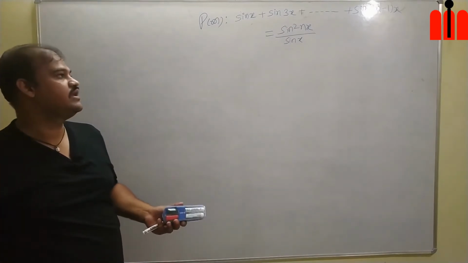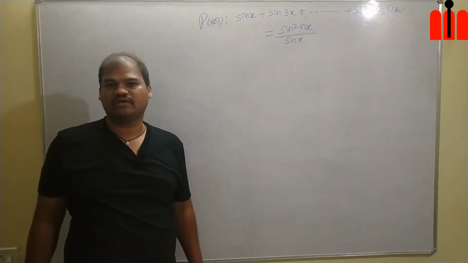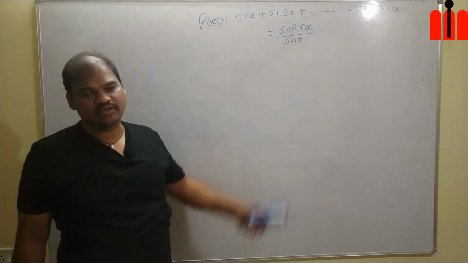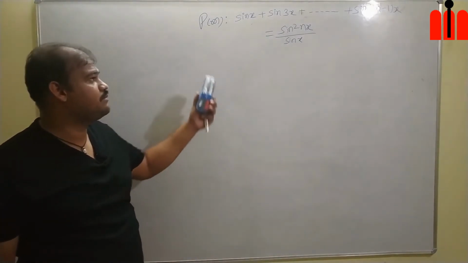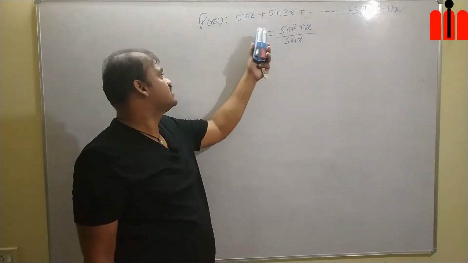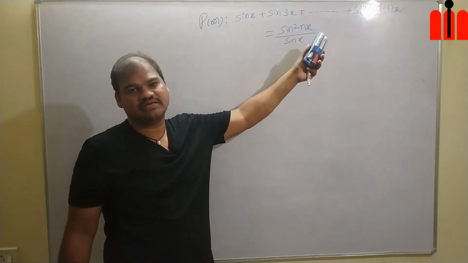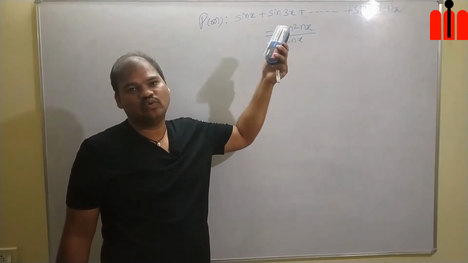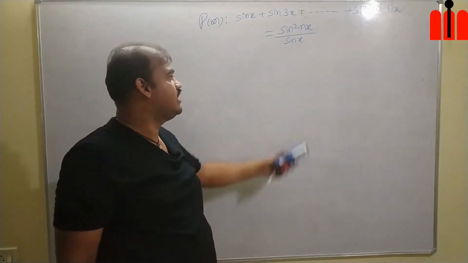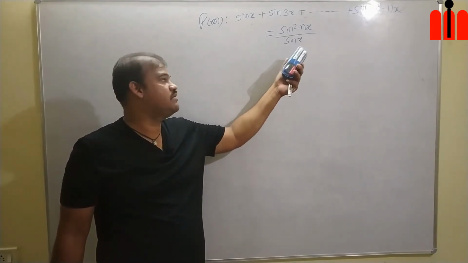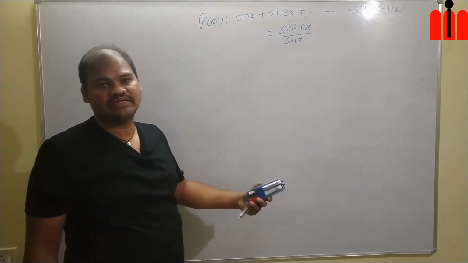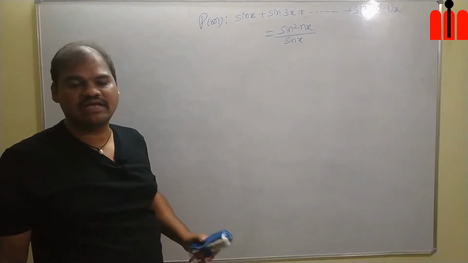In category 8, n is involved in a trigonometric function. Sine is one of the trigonometric functions. So what is my mathematical statement? Sine x plus sine 3x plus dash dash up to sine (2n minus 1)x is equal to sine square nx by sine x. So this will be my RHS.